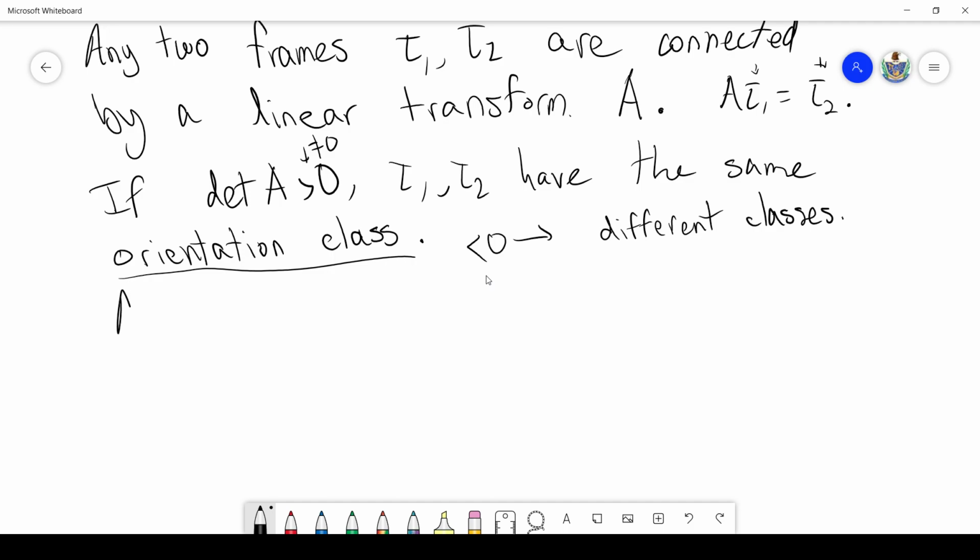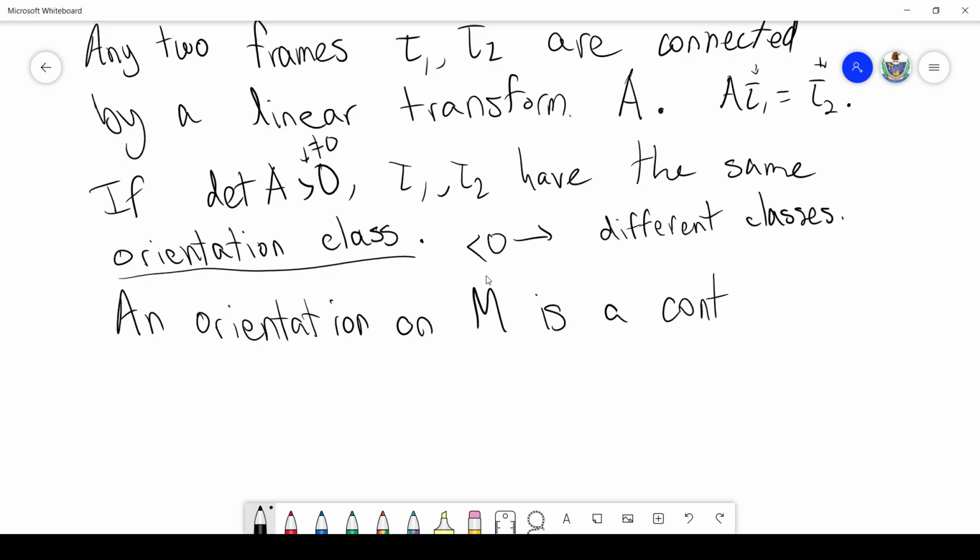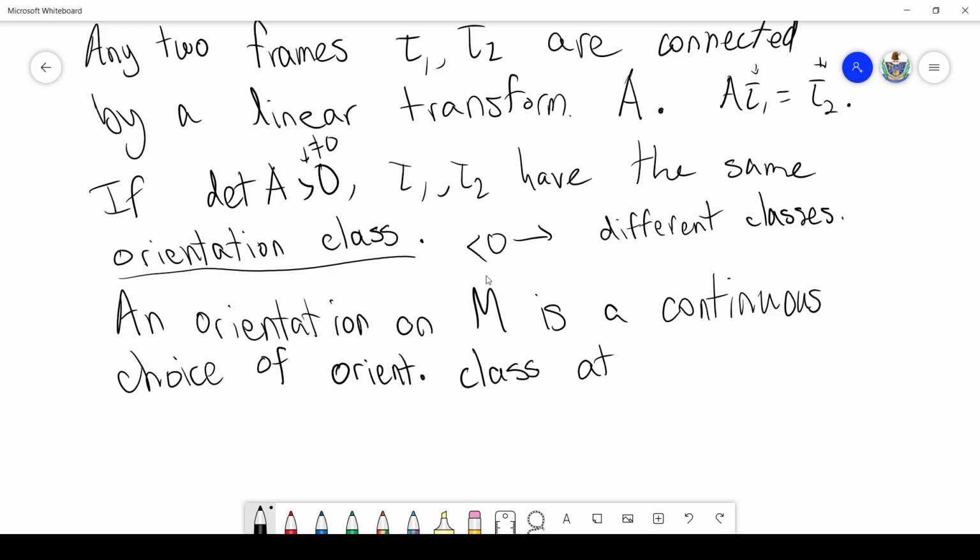So now an orientation on M is a continuous choice of orientation class at each point in M.